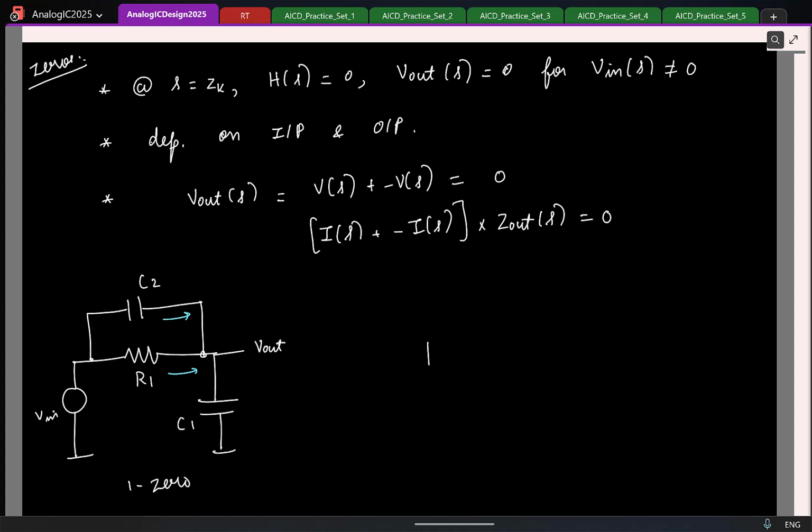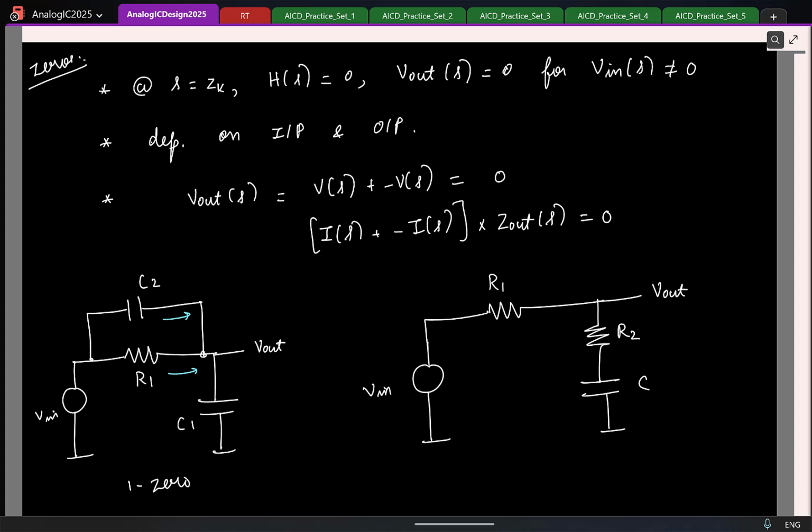So maybe I'll take another example. Say you have something like this: R1, R2, C. This is V in, this is V out. Tell me if the output voltage is obtained as the sum of two different voltages here.